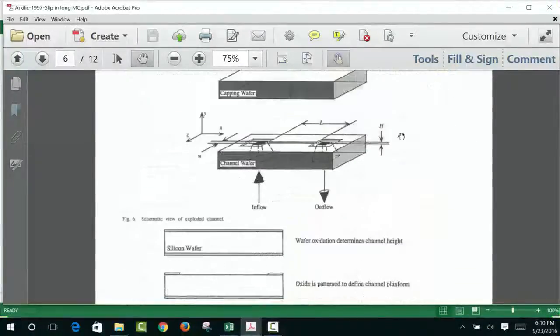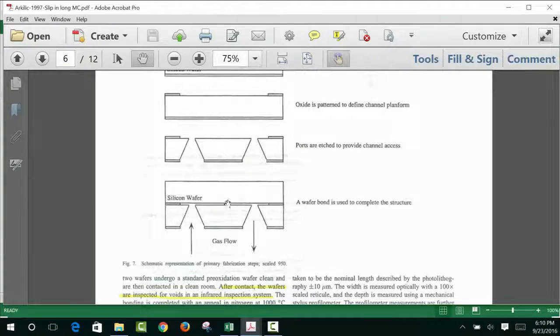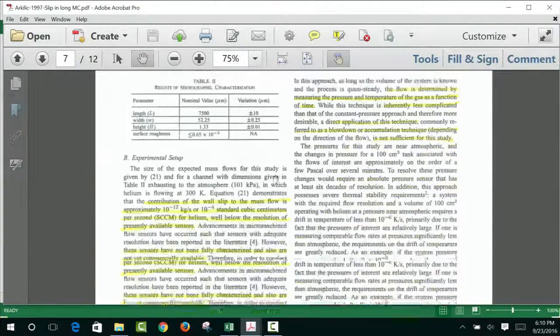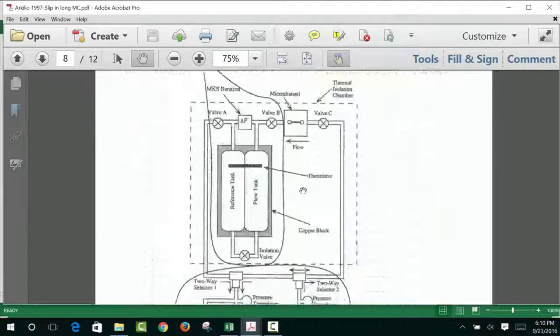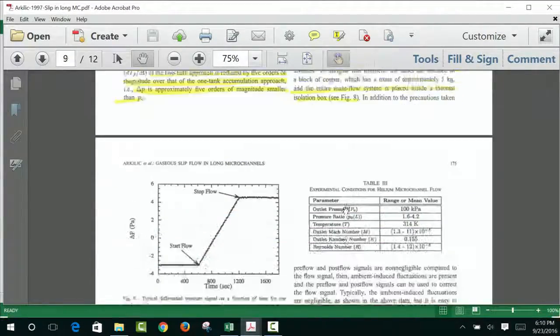Here they made it with the lithography etching technique that we'll talk about. It's a very tiny pipe with an inlet and outlet. The whole paper was about how you can make the temperature and flow rate measurements super accurate compared to previous measurements.